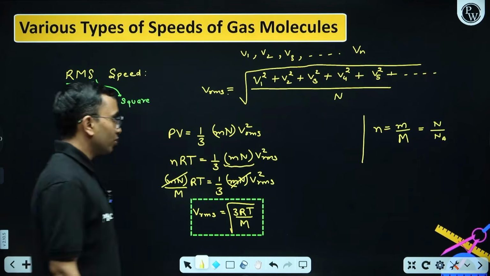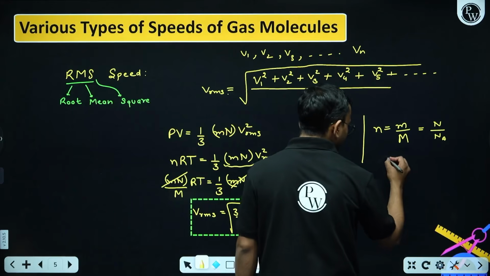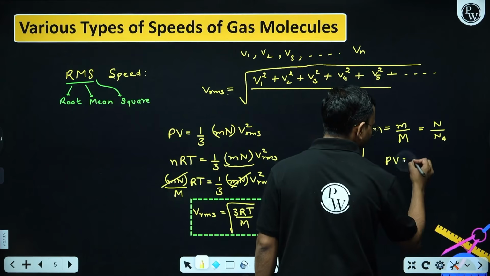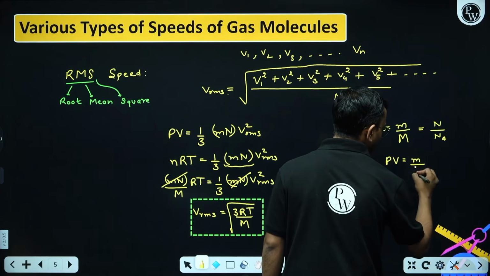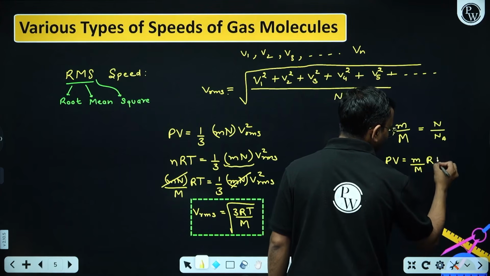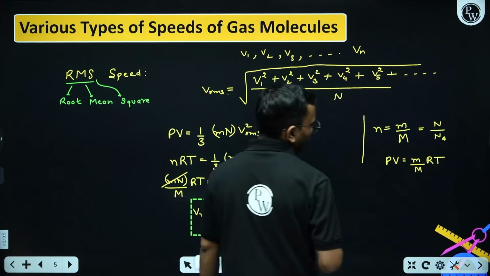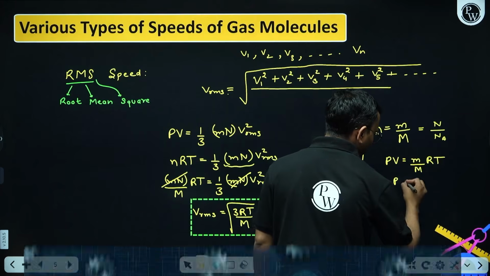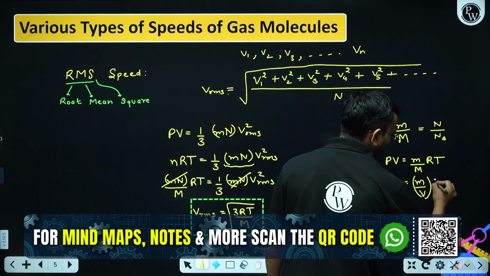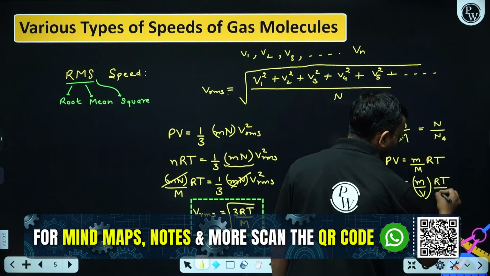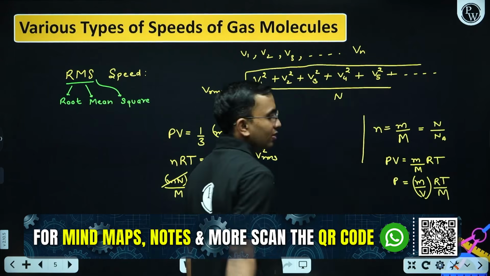Yeah. So we know that PV is equal to nRT. n is the given mass divided by the molar mass into RT. So now I can write it as P is equal to, this is given mass divided by volume, and this is RT divided by M. What is mass divided by volume?